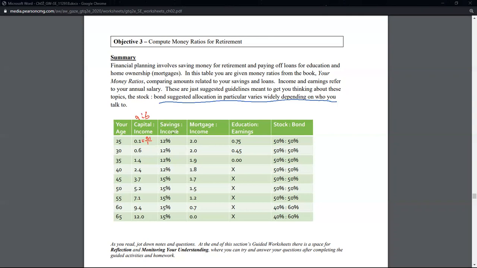Now the savings to income ratio right here, and again, this says that your denominator would be 1 for a regular number, but these are 100, so this ratio is 12 over 100, because that's how percents work, as we'll study in the next 2 chapters. So for every $100 in income that particular year, you should be putting $12 aside. The capital is talking about everything up to that current year.